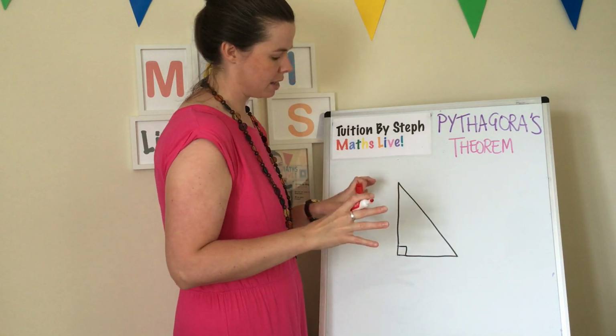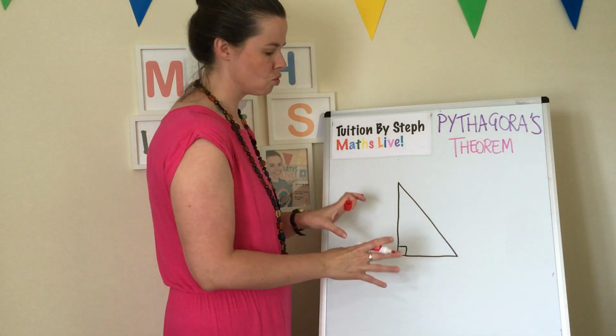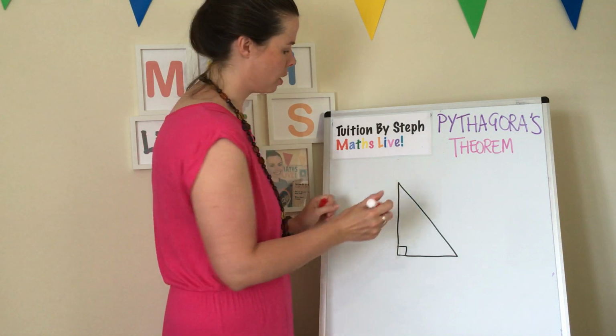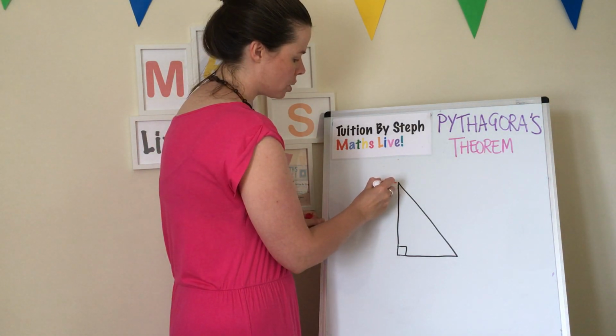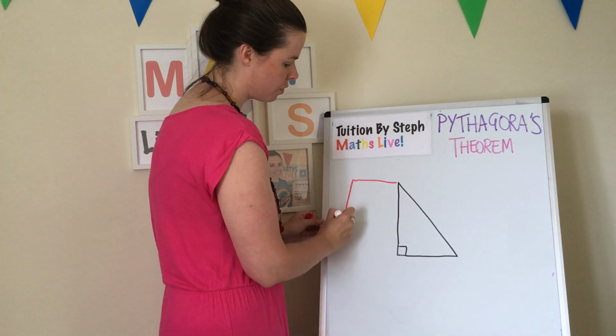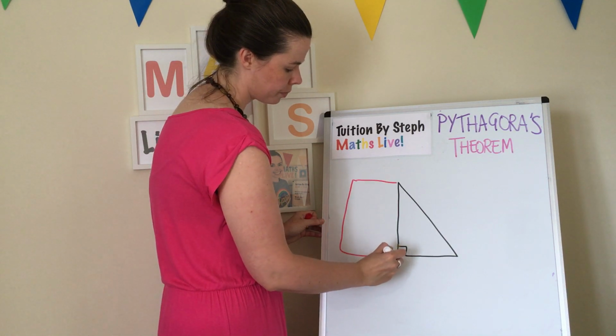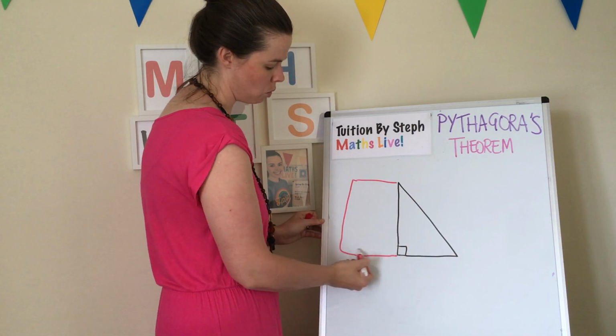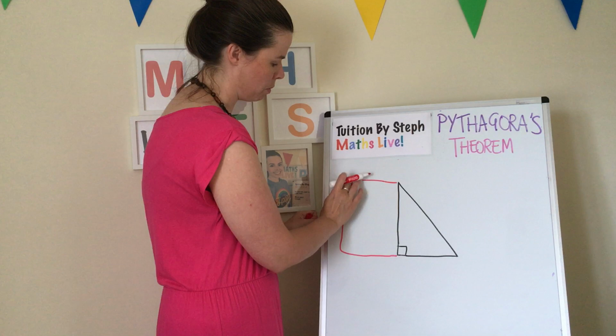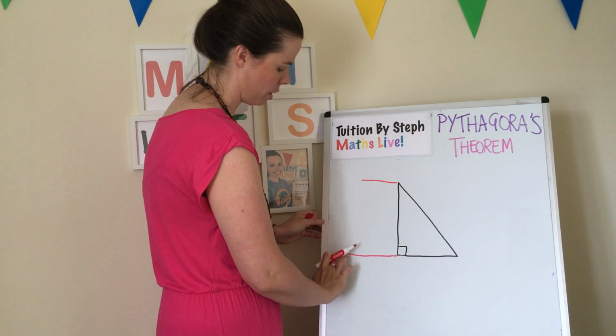They recognised that in a right-angled triangle, any size right-angled triangle, if you draw a square coming off the sides, so if you draw a square with equal length on this side, I know it looks a bit more like a rectangle, I'll try and make it a bit more accurate.